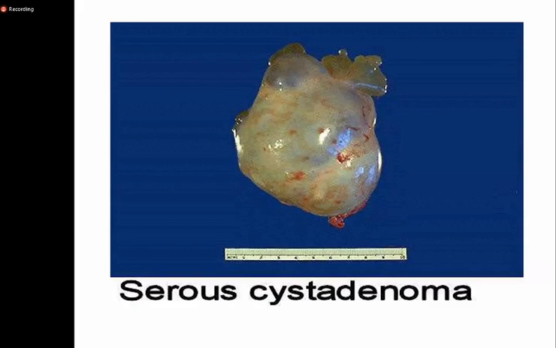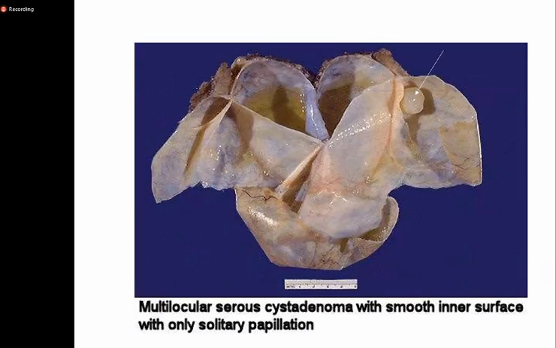A serous cyst which will contain clear, watery fluid, and this one is about 10 centimeters in diameter. Another serous cyst, this one is multiloculated, so it has multiple cystic spaces, but still the wall is thin, opalescent and generally smooth, but then you have solid projection into one of the locules of the cyst.